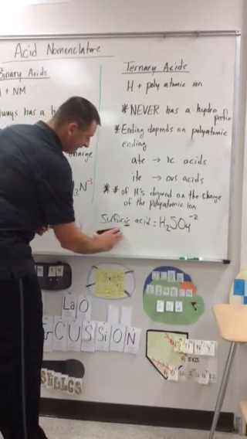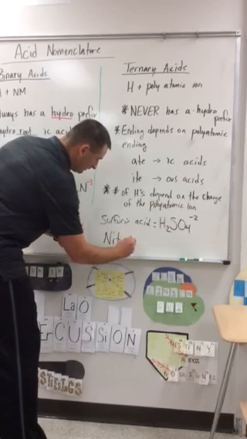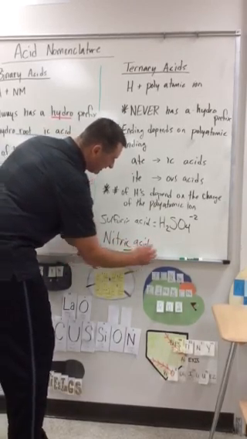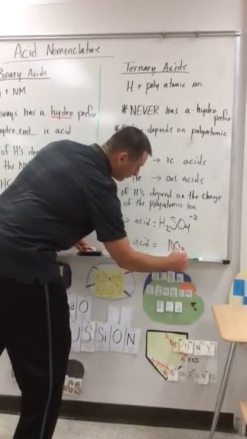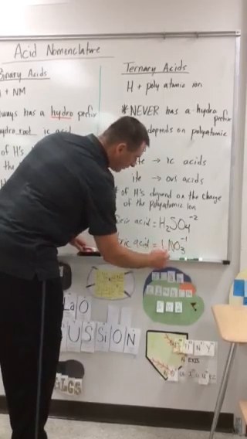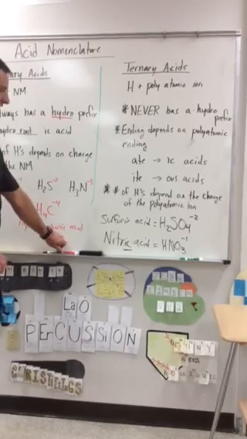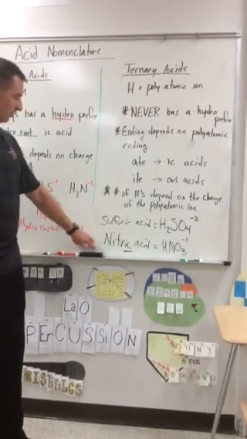So if they gave me nitric acid, I look on my sheet, and it's an ic ending, so it comes from nitrate, which I look on my sheet is NO3. It's a -1, so I need 1 hydrogen. So it's HNO3. As you can see, you just have to work back and forth from your sheet so you know what you're looking at.